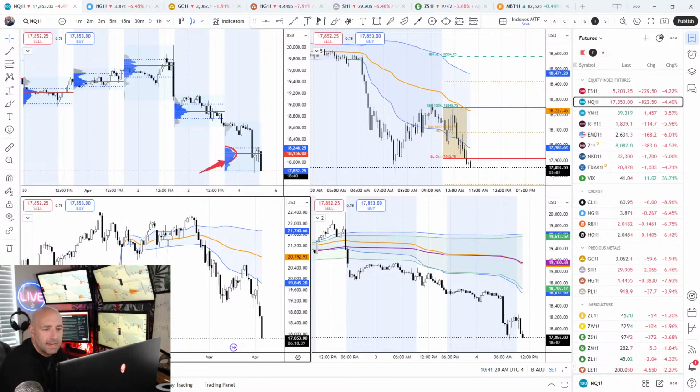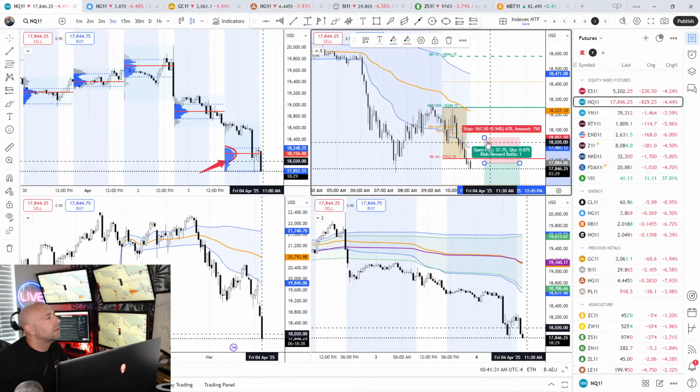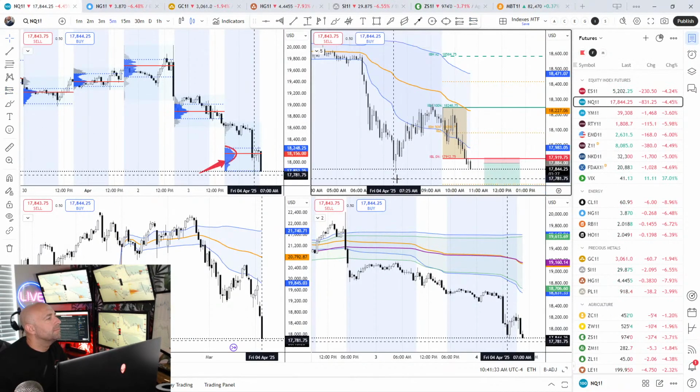So we got a back test there of the IB low. Stop on this one.